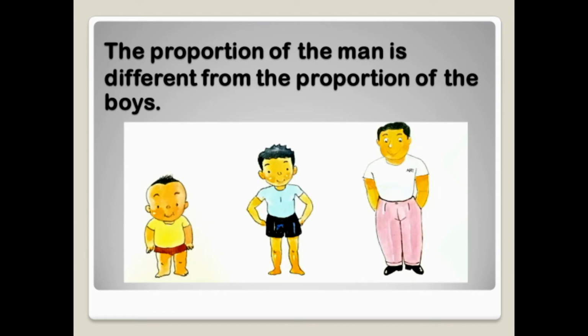In the picture, we see the proportion of a little boy, a boy, and a man. Here we see that while the body of the man is much larger than the boy's, their heads are about the same size. The boy's head has a greater proportion than a man's head.